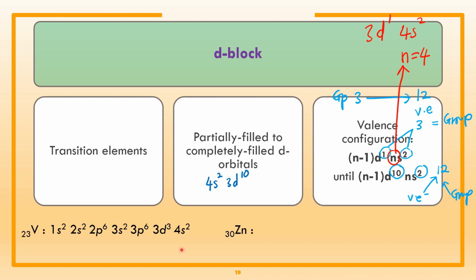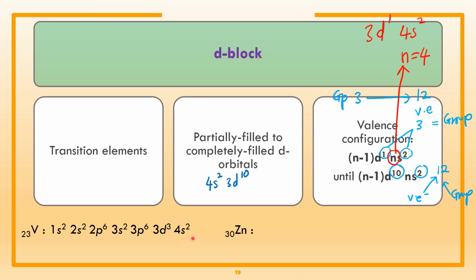Now, from this electronic configuration, can you identify the valence shell or valence configuration for vanadium? By applying the same concept we learned in S and P block, you have to find the highest principal quantum number.